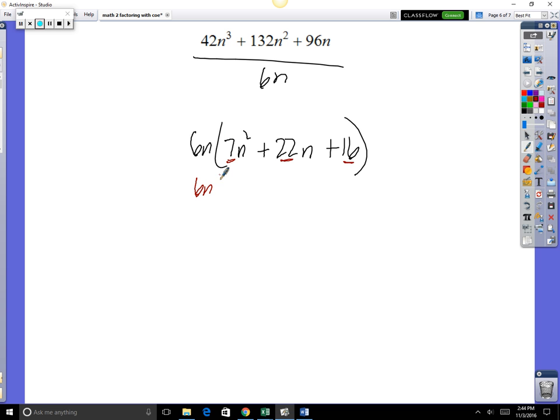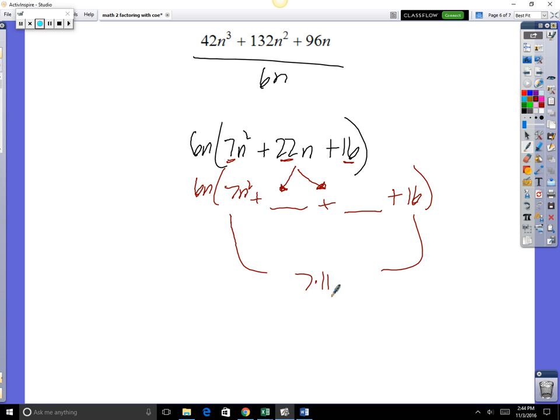So I'm going to go 6n times 7n squared. You're going to break this middle, the 22, into 2 pieces. So we're going to go plus something, plus 16. Now to figure out what those 2 pieces are that add to give you 22, they've got to multiply and give you 7 times 16. Man, this is another big number. 7 times 16.